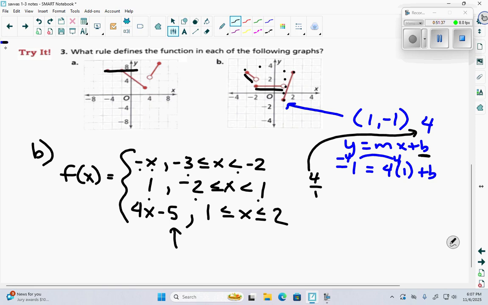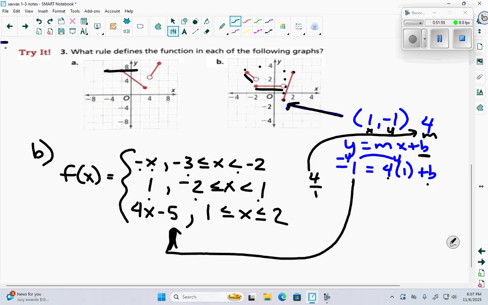So to do that, you just pick one of your locations, which I did. I picked that one right there, which was 1, -1, and then I plugged it in. This is my x, this is my y, and this is my slope. So plugging it in, moving the 4 to the other side, a -4 and a -1 gave me a -5, which gives me this part right here.